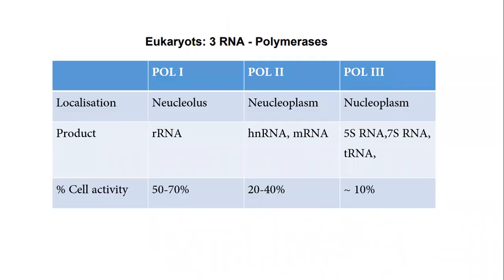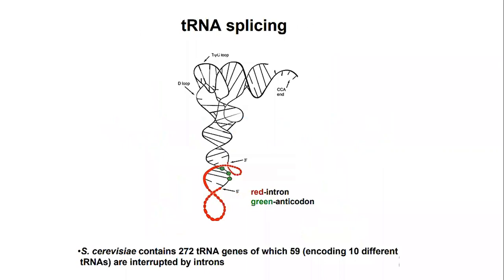Basically, tRNA is produced by RNA polymerase 3 in the nucleoplasm, and it constitutes about 10% of the total cellular RNA.